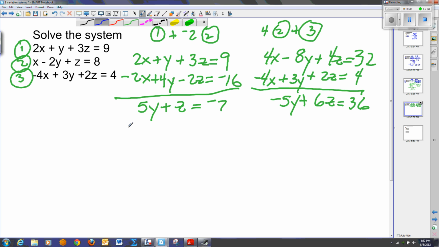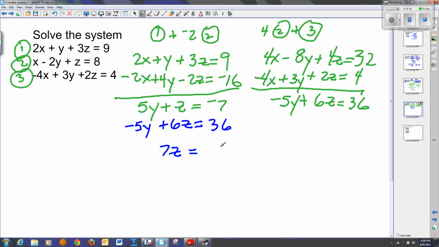So now I have negative 5y plus 6z is equal to 36. So I have in this case 7z is equal to 29.